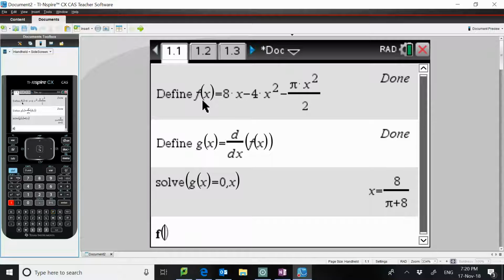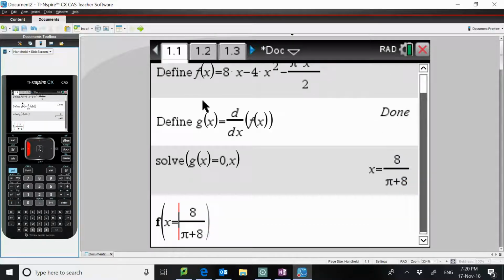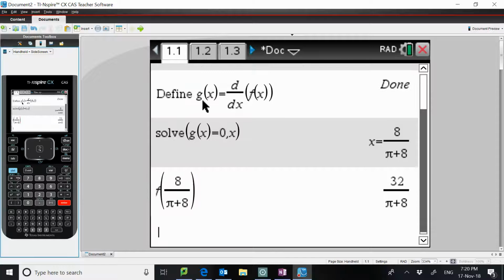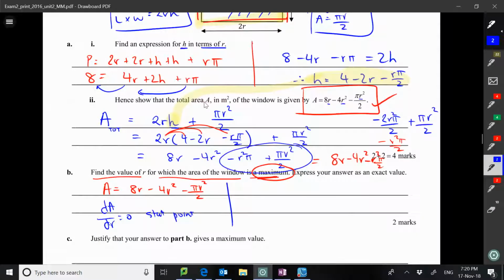So f of, if I substitute this in, when x is 8 over pi plus 8, then technically I should be able to get my area. So 32 over pi plus 8. Therefore, max area is equal to 32 over pi plus 8.